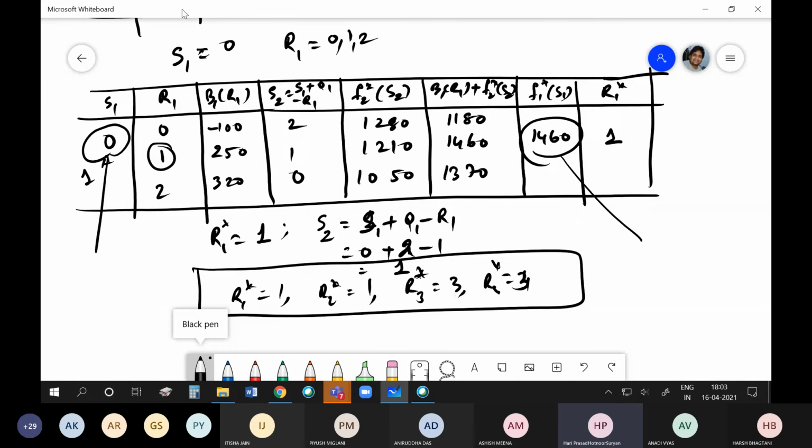There is no need to go back till the beginning or till the end. We see it stage wise, and you can come out with the optimal reservoir policy or the releases in an effective manner using dynamic programming.